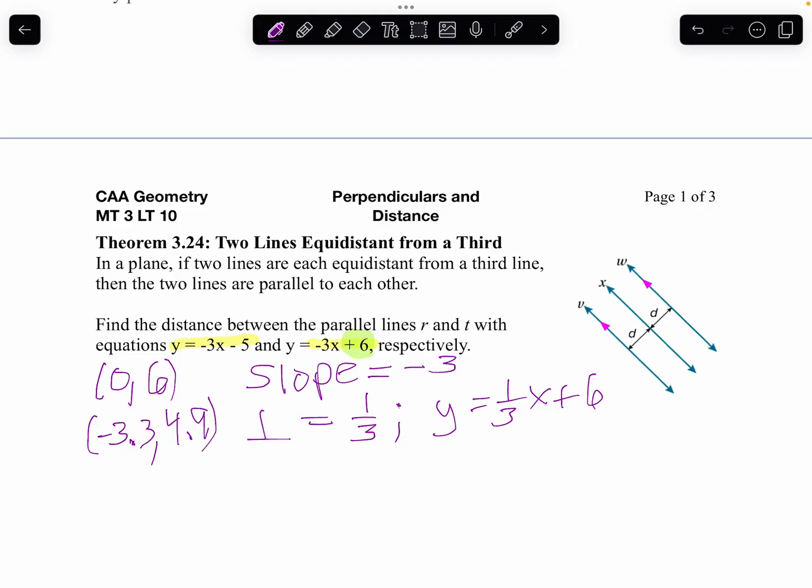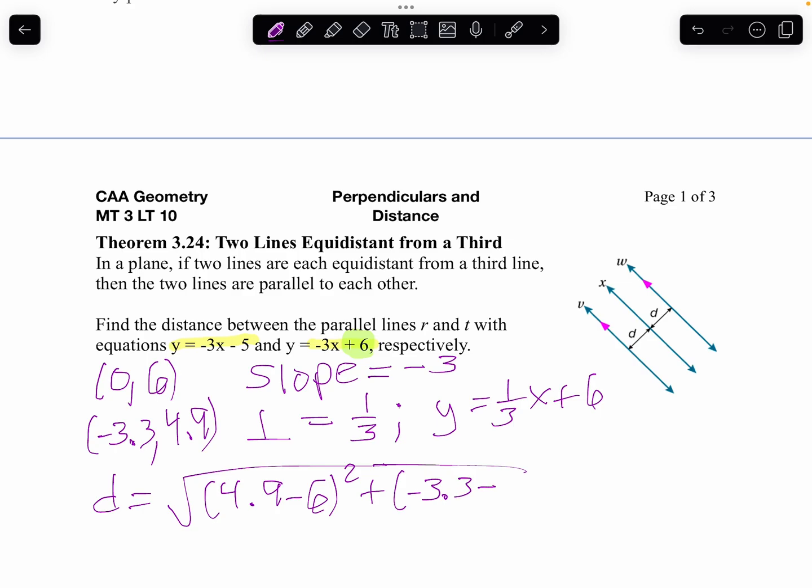Now let's find the distance between these two points. So I'm going to say 4.9 minus 6, the quantity squared, plus negative 3.3 minus 0, the quantity squared. Oh, that works out kind of nice, doesn't it?